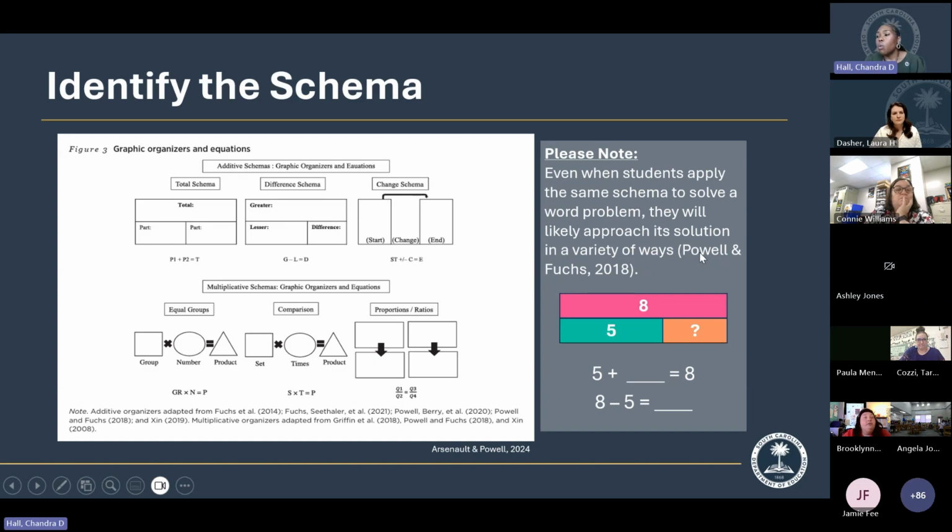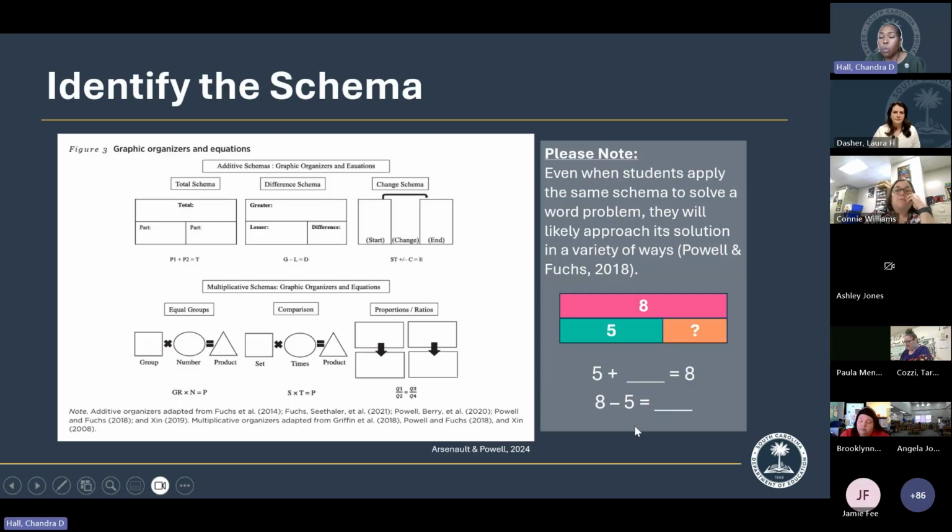One thing I also want to caution you against is telling students how to solve it. For example, it says even when students apply the same schema to solve a word problem, they will likely approach its solution in a variety of ways. So even though we know we're trying to find a part, I may want to count up to get to 8.